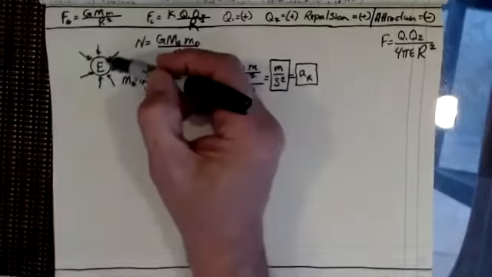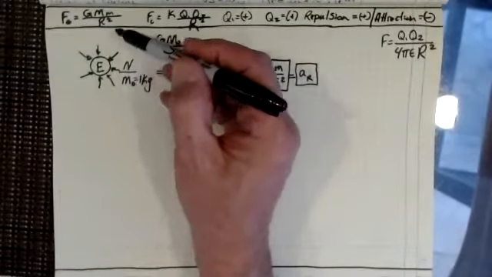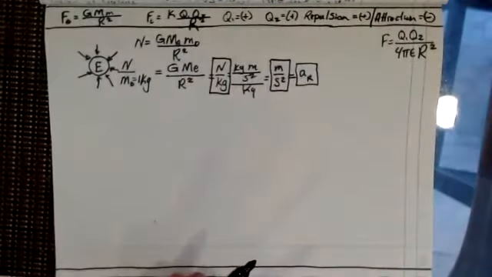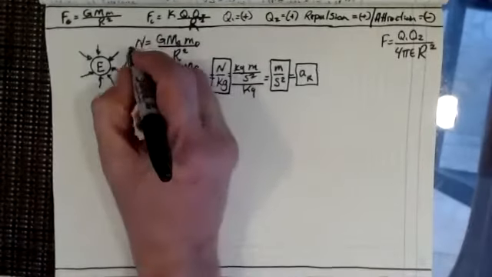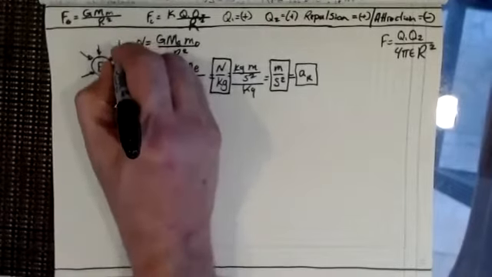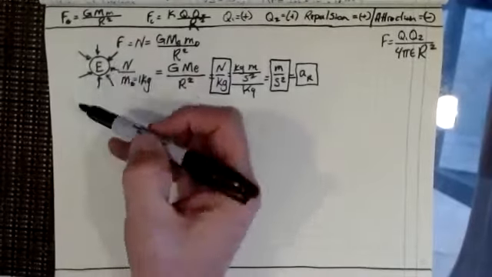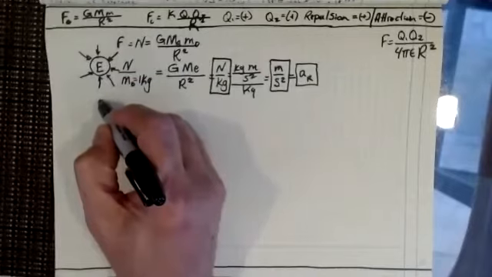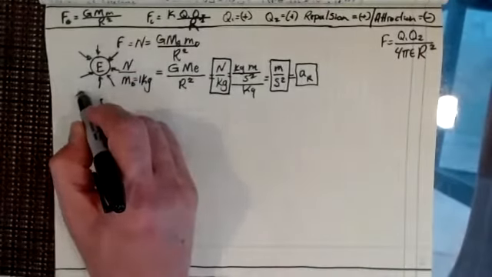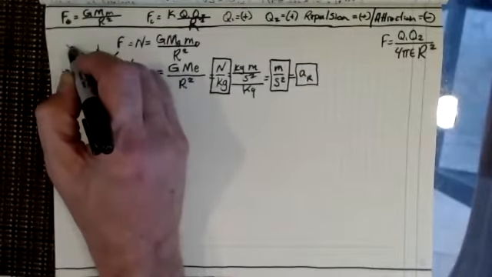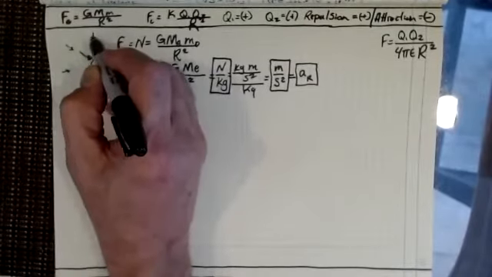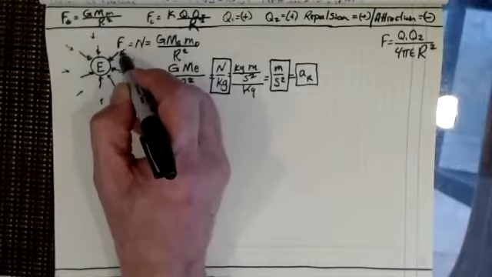So at the surface of the Earth and above the surface of the Earth, we can figure out what the force would be, right? That's that Newton's gravitational attraction up there. As I go further away from the Earth, the force of attraction is going to get smaller, isn't it? Way out here, that force of attraction is much smaller.